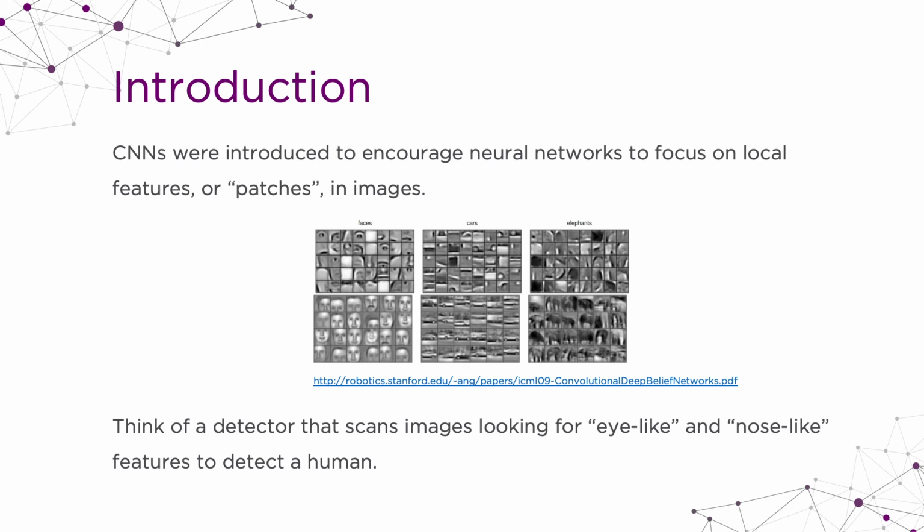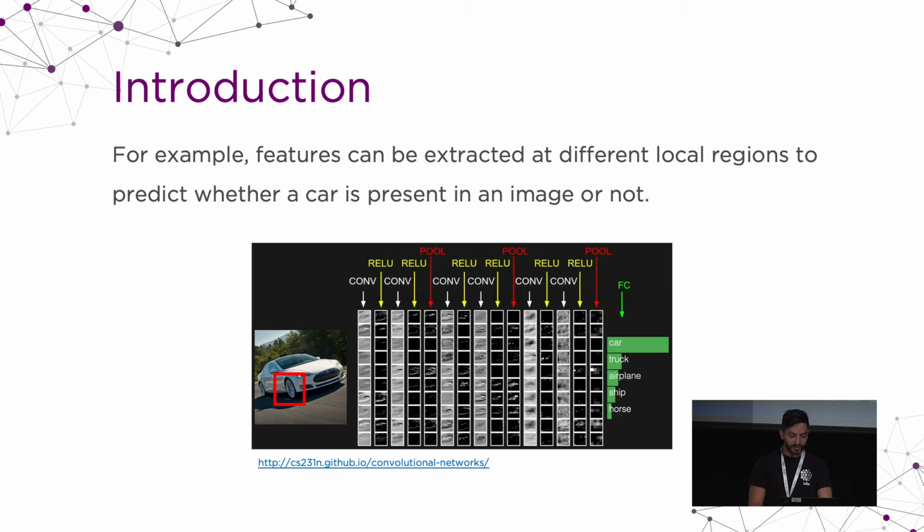We don't necessarily know how to abstract a chair, but we might want to look for certain local features that might represent the chair. This is true for a face. This is true for cars. So let's take an example here. Say we are looking for a car. Our network might first focus on a set of features that are, quote-unquote, wheel-like. And then this gets passed on through our network, and we can eventually make a decision based on probabilities whether this is really a car that we're looking at.